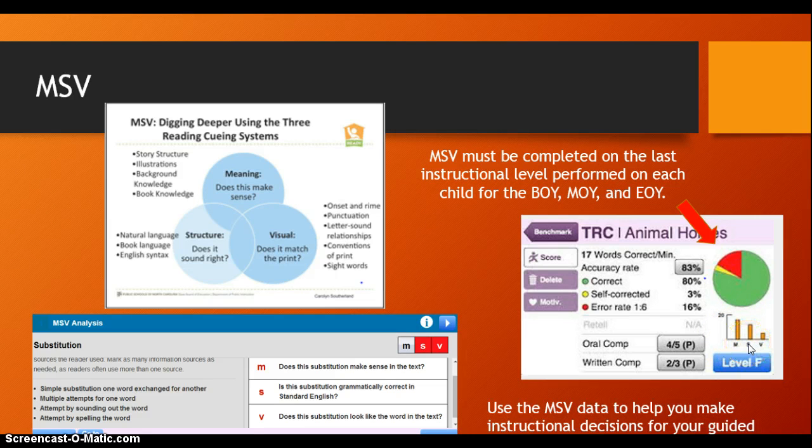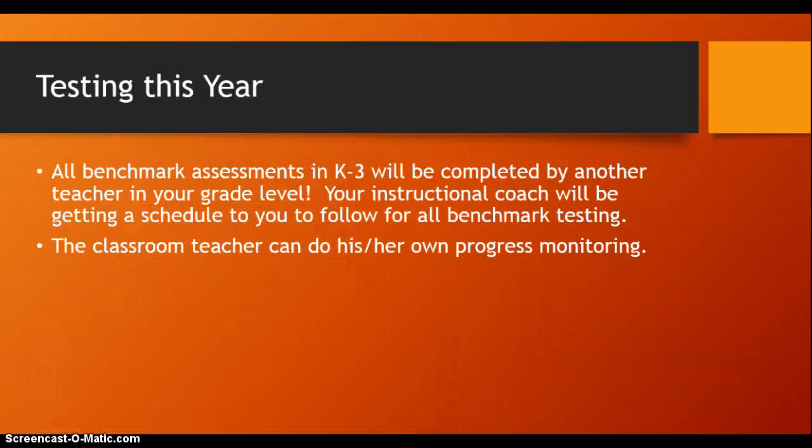So they're just substituting words that still hold the meaning of the sentence. So please make sure that when you do MSV, you use the data that comes with it, that you look at the reading record and know exactly the errors your students are making, because that can guide you in your guided reading groups to help with instruction.